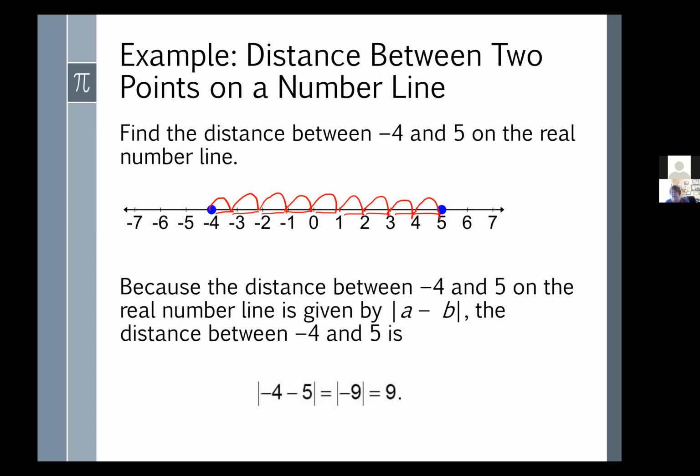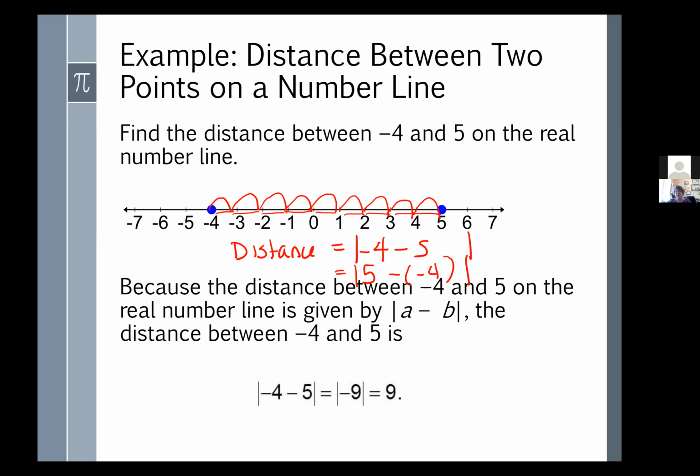So since absolute value is distance, we could also find the distance by taking the absolute value of the difference of these two numbers. So this distance could be found by taking the absolute value of this difference. Or you could write it as 5 minus the -4.